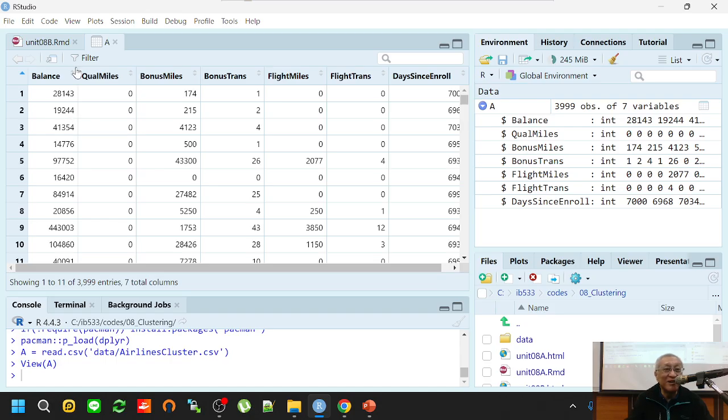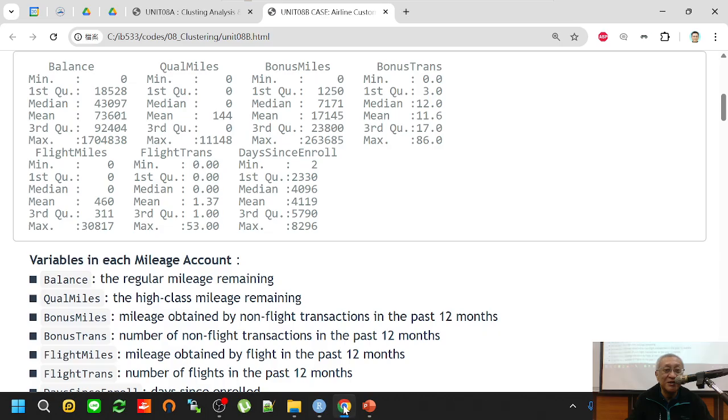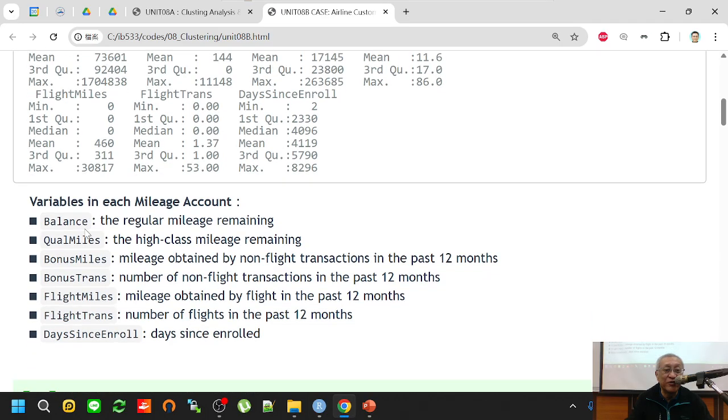Then the explanation of the variables is here. There is the regular mileage remaining, and actually this airline is kind of strange. It has two types of mileage: the regular mileage, and a high class mileage. I don't know exactly what that is, but maybe it is worth more.